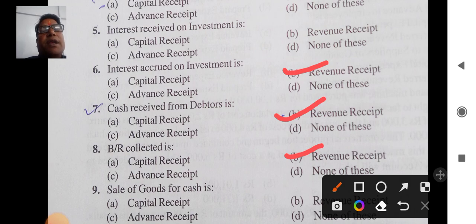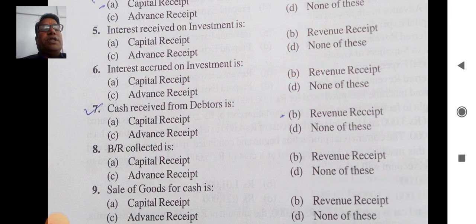Bills receivable is under the Instrument Act and debtors may be secured and unsecured both. However, bills receivable is one of the secured advances; received or receivable, both will be revenue receipts.